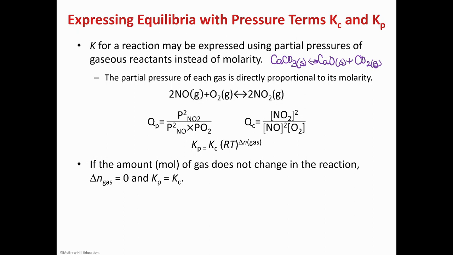Okay, do you remember where we wrote the K for this, KC, and we said, oh, okay, that just equals carbon dioxide because those solids, the idea of their concentration, there's so many moles per liter that it's like a constant value and it gets absorbed into the equilibrium constant. Now let's think about something.